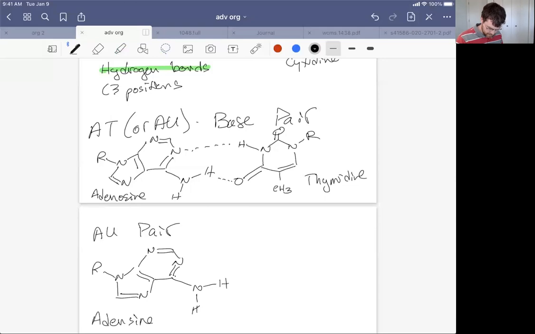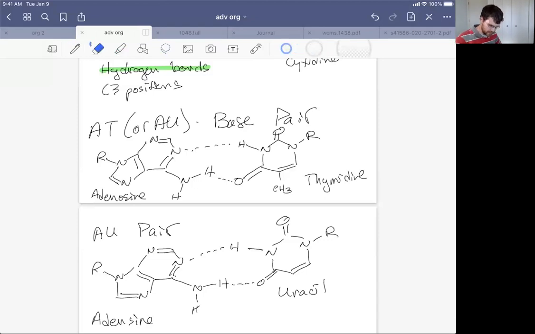Okay, and now we have to do thymidine, and thymidine just differs by uracil just differs by the lack of that methyl group. So this is otherwise going to be the exact same. Now, what I want you to notice about the AT and the AU. Oh, and this is uridine. I keep mixing up the bases and the nucleotide names.